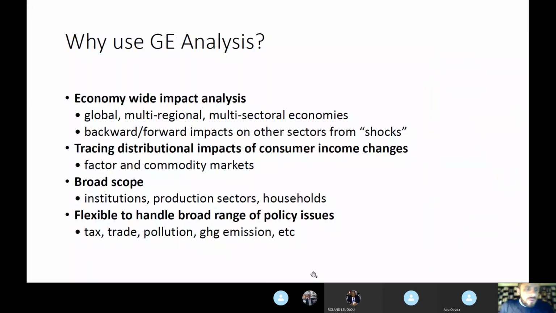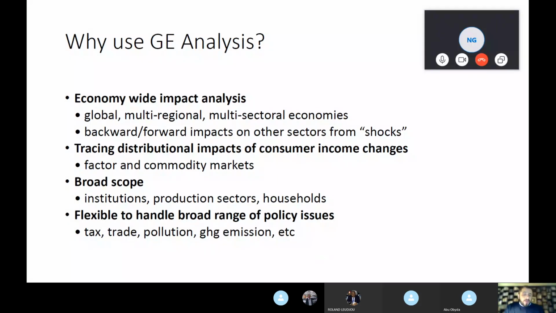So global models, in general we have three main global models, which are Linkage, that was developed by the World Bank, Mirage, that was developed by CEPII, which is a think tank in Paris, and GTAP, that was developed in the United States at Purdue University. So those are the global or multinational models.